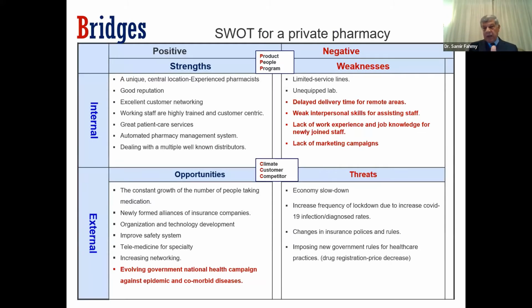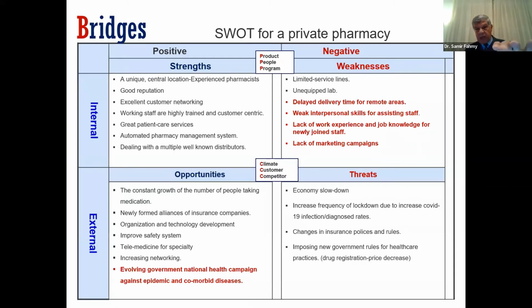Then we move to the same exercise. We have a solid sample for the private pharmacy. These were the samples that we already projected to you. And then I marked in red color the areas for development, or the critical success factor. For instance, I took from the weaknesses: delayed delivery time for remote areas, weak interpersonal skills for assisting staff, lack of working experience and job knowledge for newly joined staff, lack of marketing campaign.